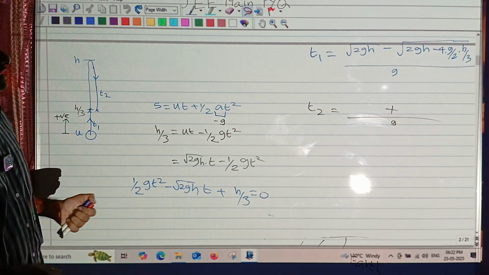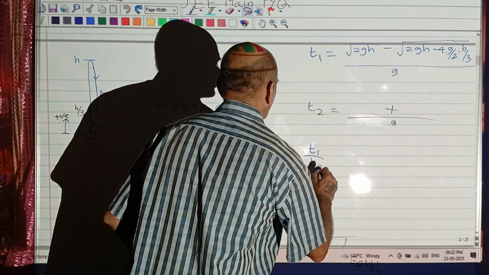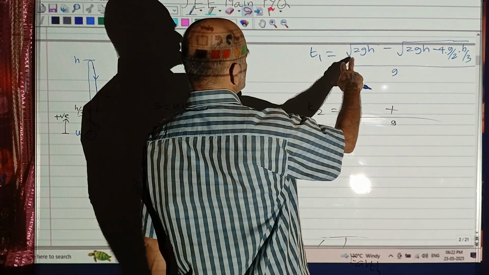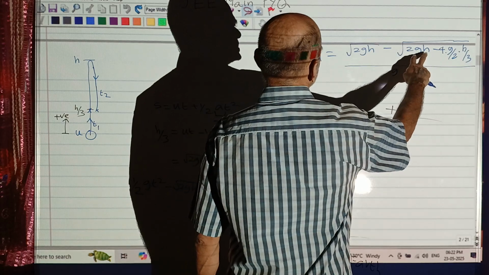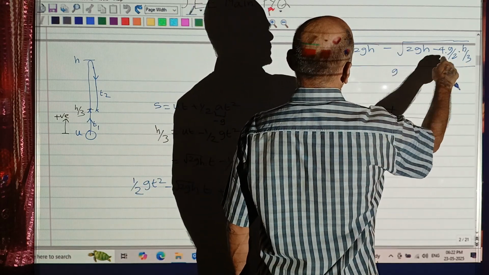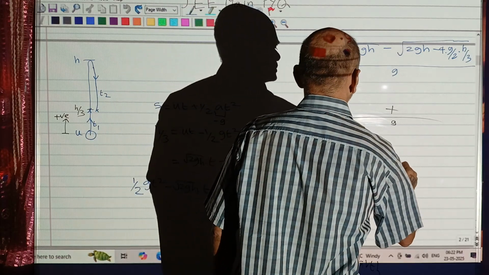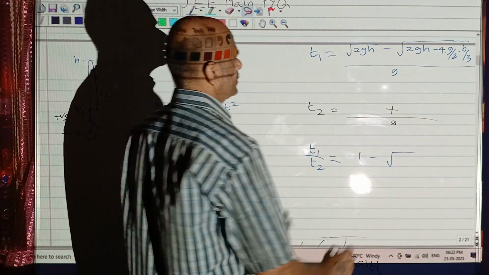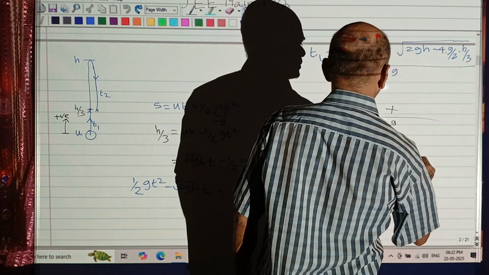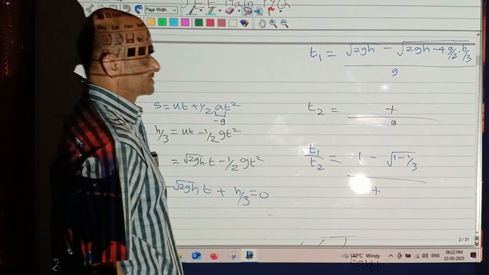So in the question, you have to find the ratio of t1 by t2. The denominator will go, and we can cancel the square root of 2gh. Here also 2gh is there, so if I cancel this, I'll get 1 minus square root of 1 by 1/3. And the denominator is the same thing with the plus sign between the two terms.